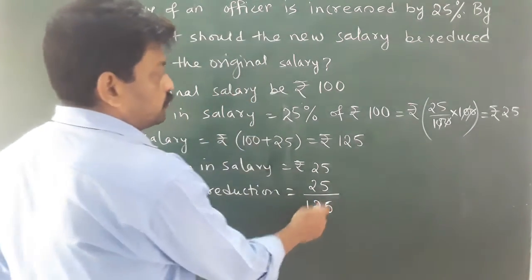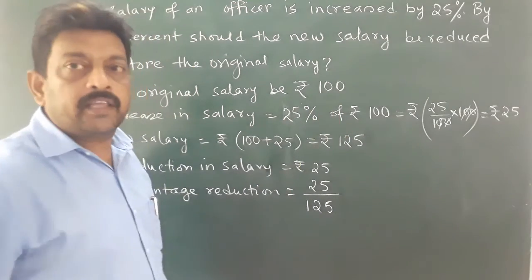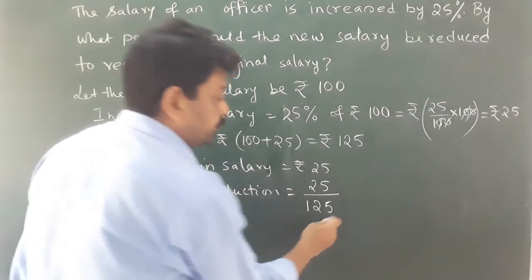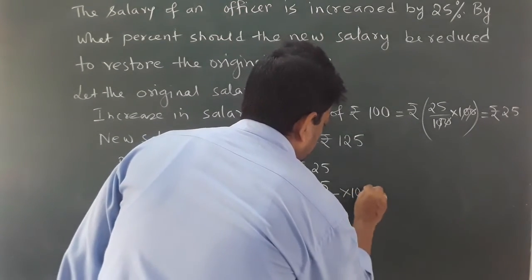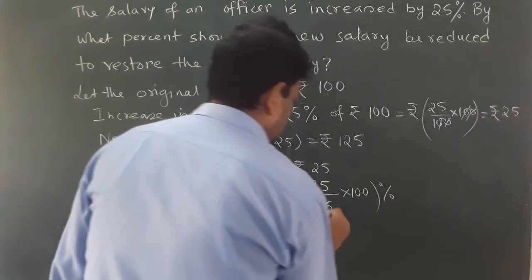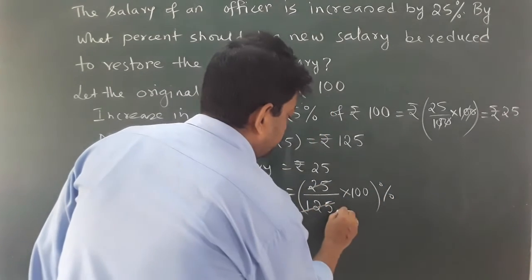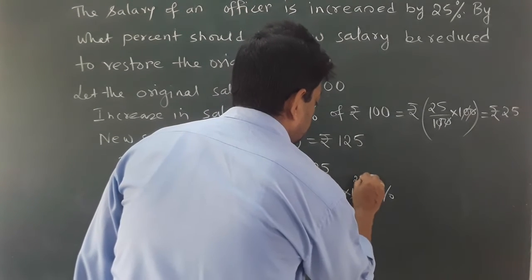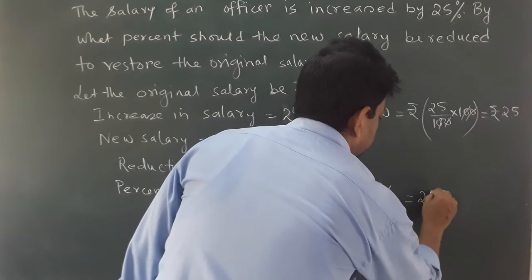By mistake, students write 100, not like that. Multiply with 100. So 25 by 125 is 1 by 5, and 1 by 5 times 100 is 20. So 20% is the answer.